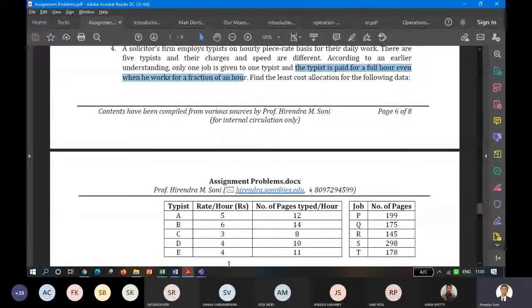फाइन. अब इसको कैसे करेंगे? फर्स्ट इज वी नीड टू फाइंड आउट किसको कितना पैसा देना पड़ेगा.